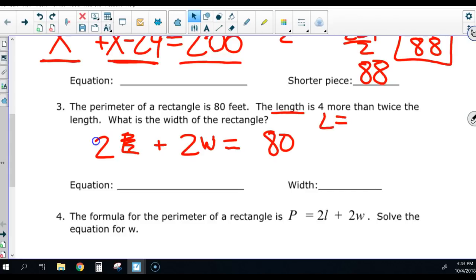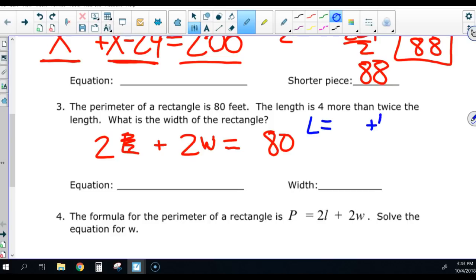The length is 4 more than twice the width. So, instead of saying L, I'm going to say that right there. So, cross off my L, erase my L, and I have 2W plus 4. Now I can solve for W.